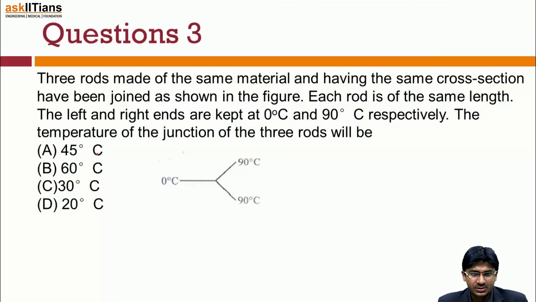Now this question: there are three rods made of the same material and having the same cross section. They are joined like this, as shown in the figure.